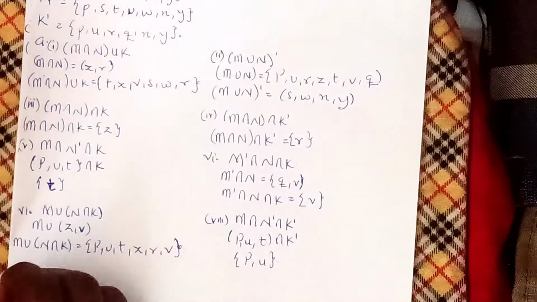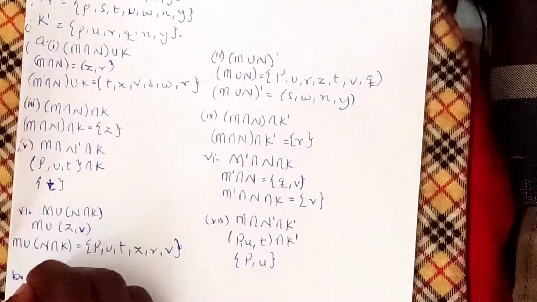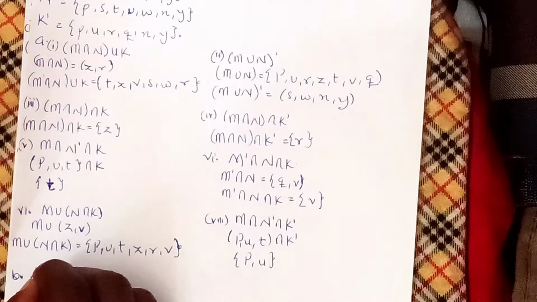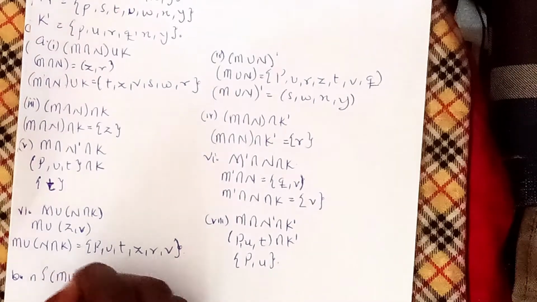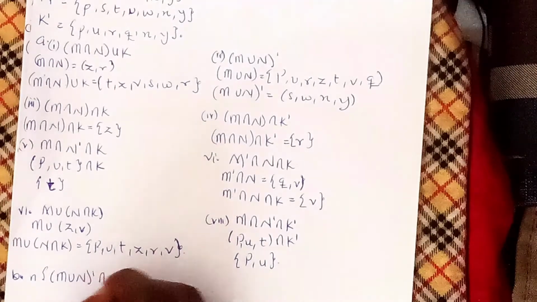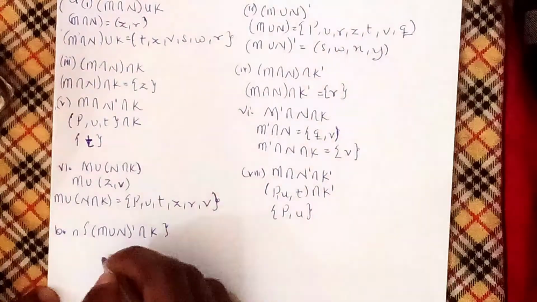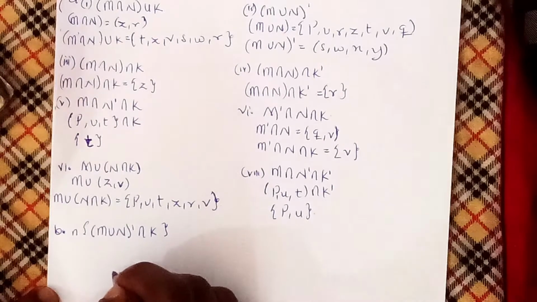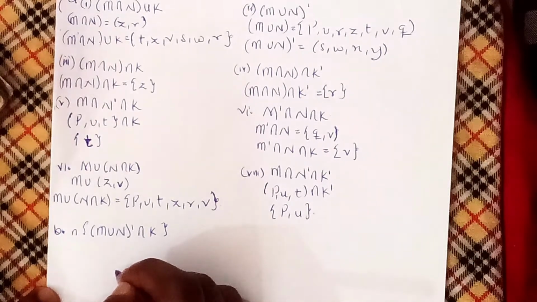Let's move on to B. In B, we are asked to find M union N all prime intersection K. M union N prime is equal to S, W, X, and Y, as we can see.